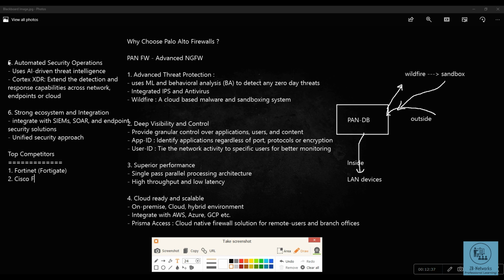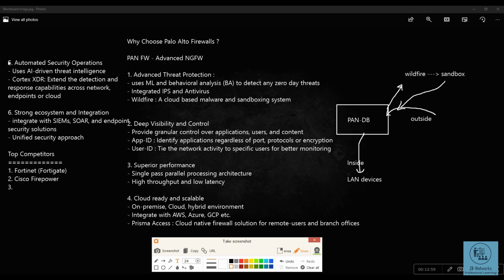Cisco Firepower is another competitor. Its strengths are strong networking integration and powerful IPS, good for Cisco proprietary based environments, and it is best for organizations that already use Cisco networking products and gear.